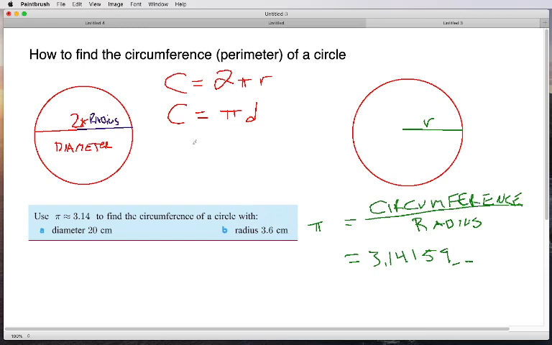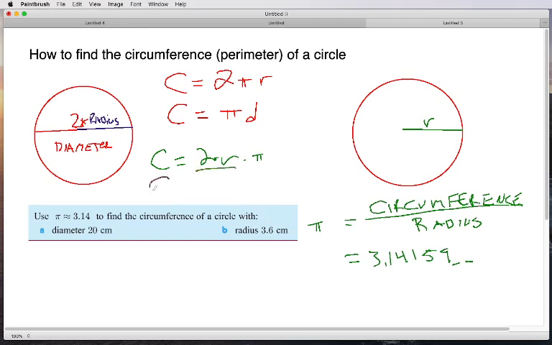Now, we have two different formulas, one where it's 2 pi r, and if I rearrange this, we have 2 times pi times r. But we already know that twice the radius here is our diameter, isn't it?